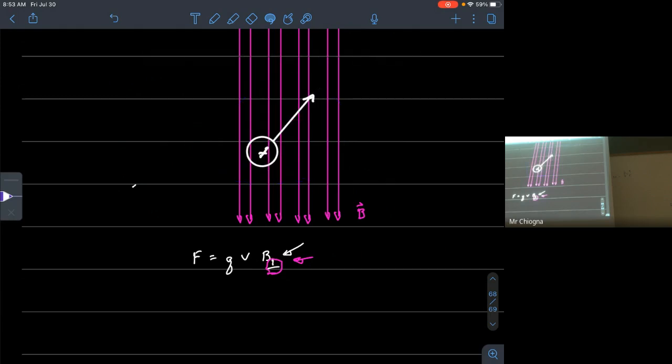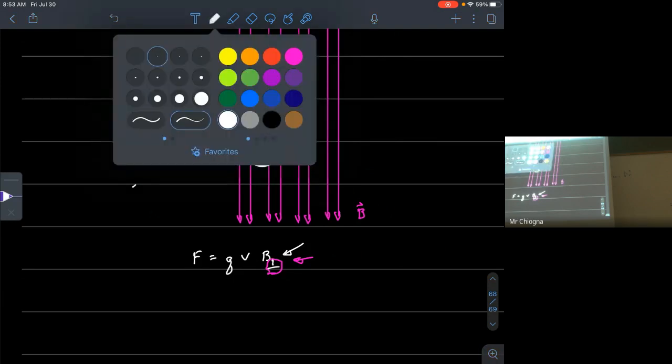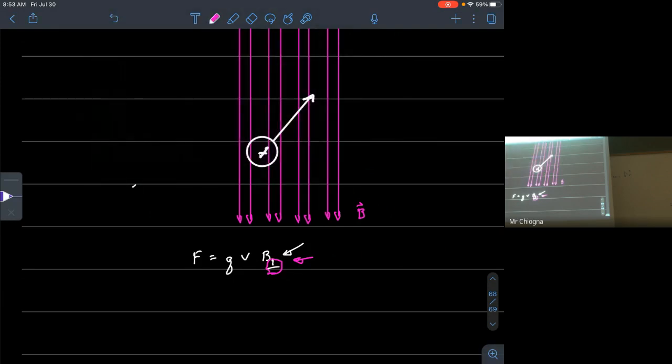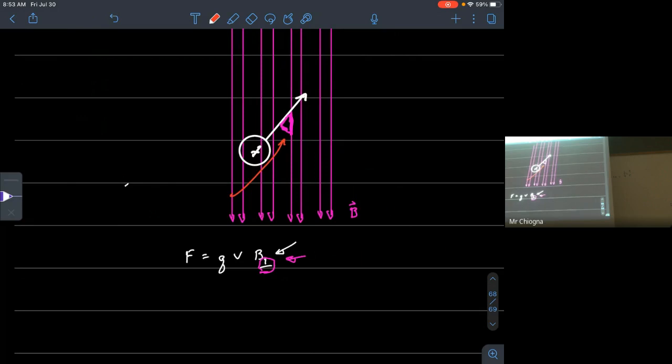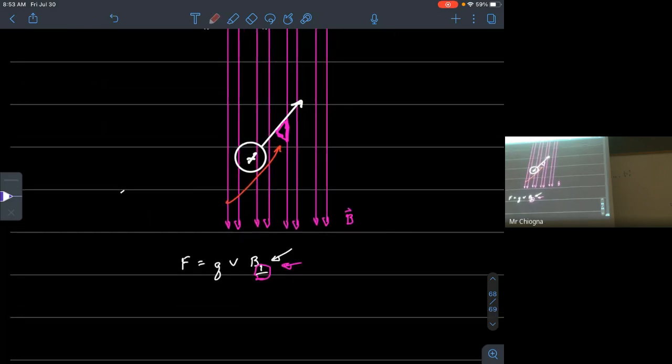Part of the magnetic field, part of this field here, this is your magnetic field here. It has two components. There's a component here and there's a component here. That component there is perpendicular to the velocity. And in that case, there would be a force.